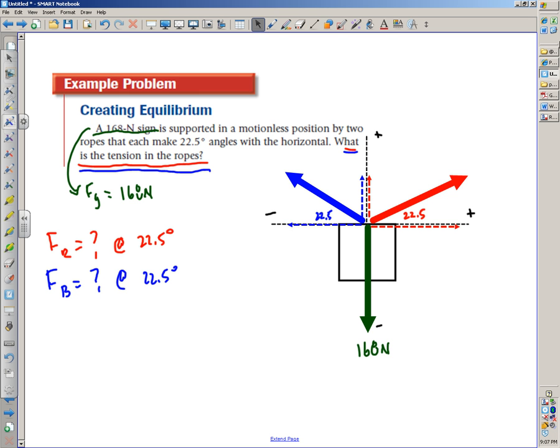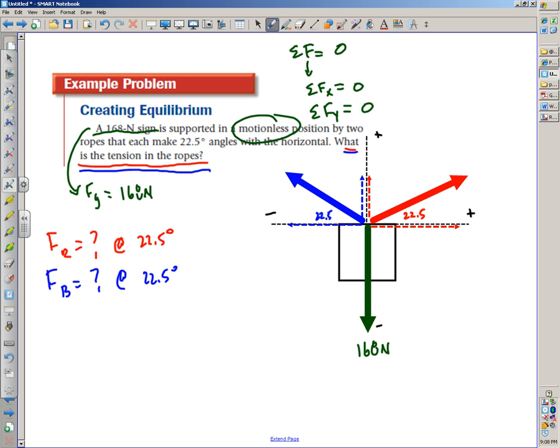Sorry, one other thing we should know here. It says this object is motionless. Motionless was one of our forms of equilibrium. So that means the net force on this object has to be 0. But, as we've established, in 2 dimensions that means we have to have equilibrium on the x-axis and equilibrium on the y-axis.